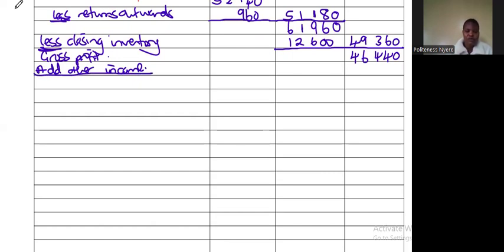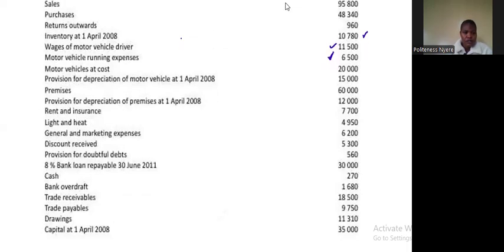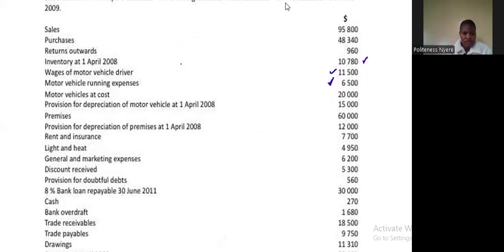On the other incomes, you're looking at things like, let's say, discount received. Discount received is also a part of your other income. So let's check if we have discount received. Yes, we do.